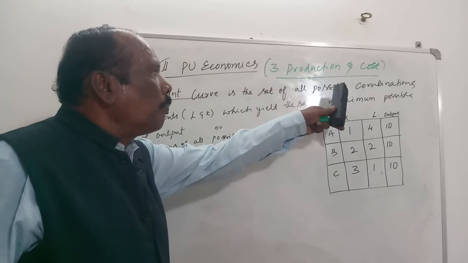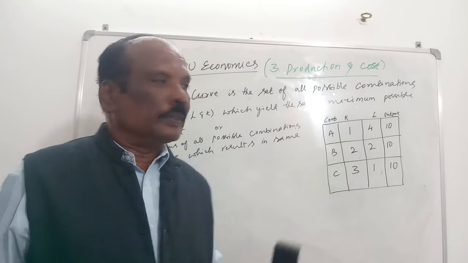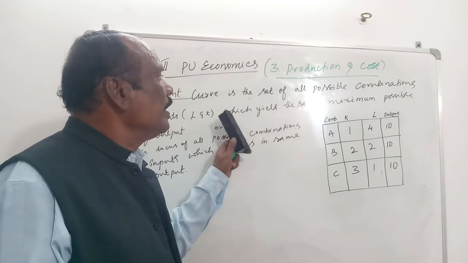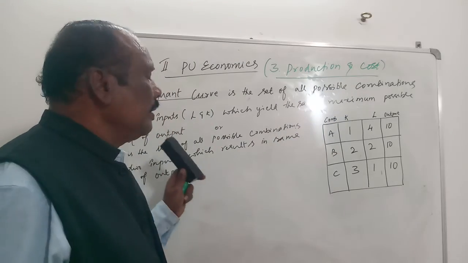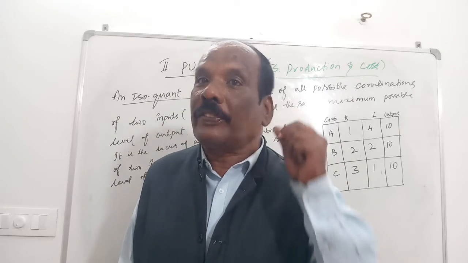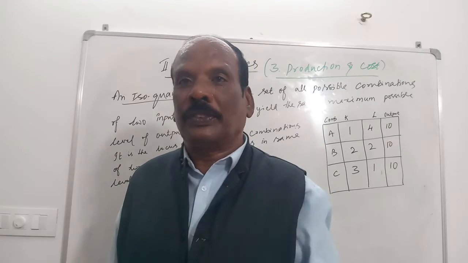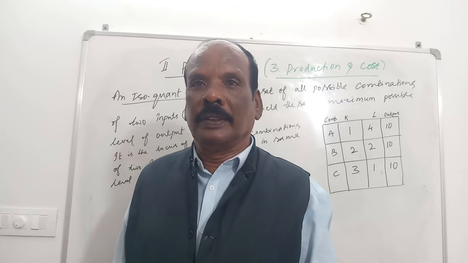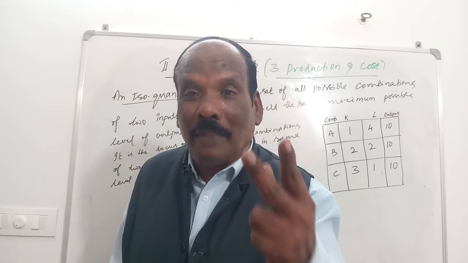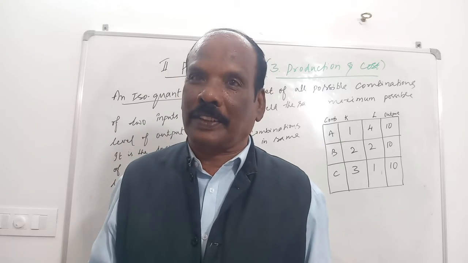the set of all possible combinations of 2 inputs, that is labor and capital, which yield the same maximum possible level of output. It is a set of different combinations of 2 variables, that is inputs, labor and capital, which yield the same level of output. Don't use satisfaction.